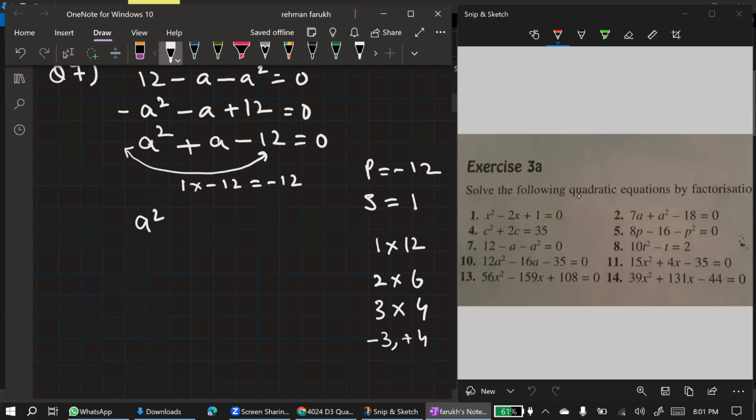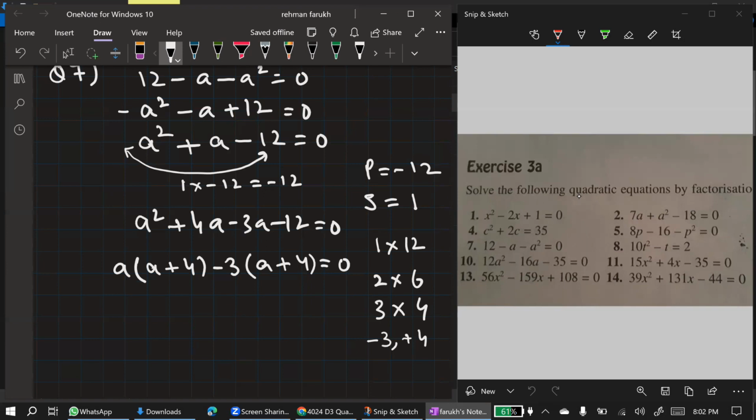So a square plus 4a minus 3a minus 12 is equal to 0. We will make pairs in case of 4 terms available. From the first pair, a is common. From the second pair, -3 is common.